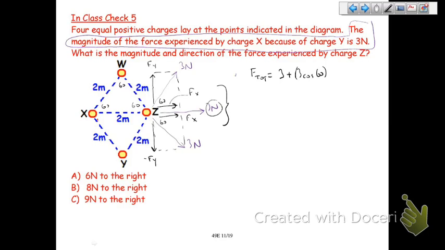And that's 60, so that would be plus 3 cosine 60. So F total is equal to 3 plus 1.5 plus 1.5, which is 6 newtons. And these are all pointing to the right.